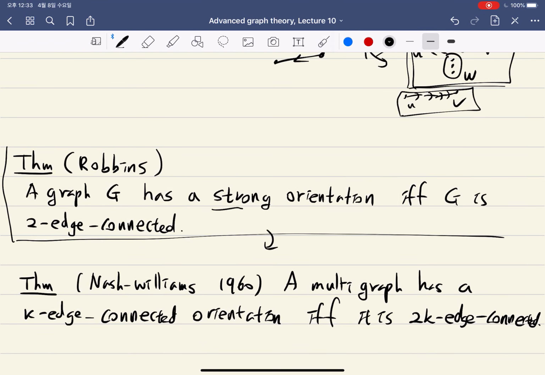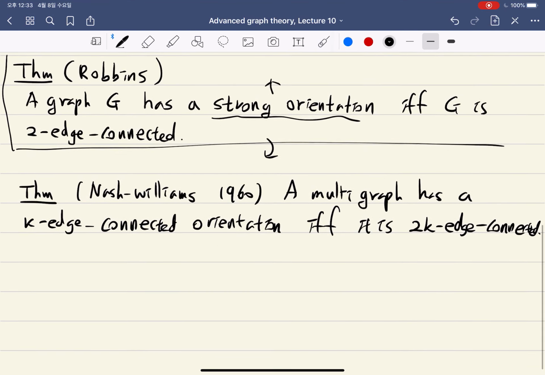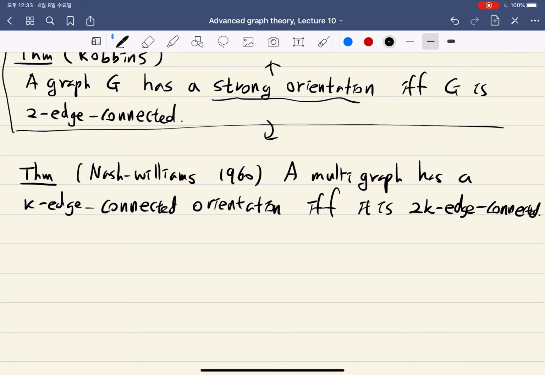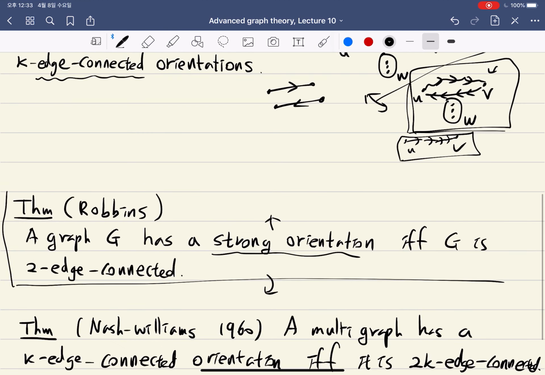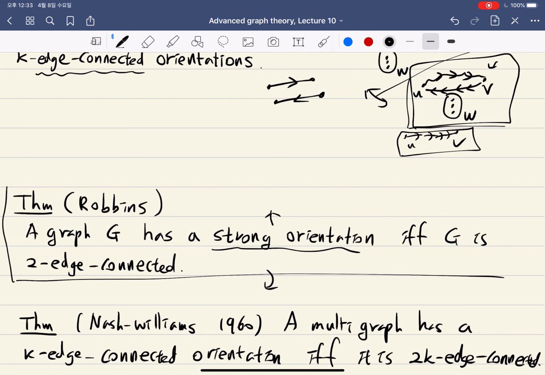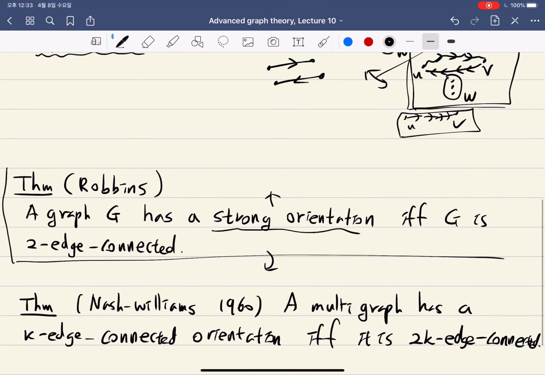So here, strongly connected is the same as strongly edge connected. So this is actually edge connectivity 1. The theorem says that once you orient the edges, you might lose the connectivity by a factor of 2. So 2k-edge connectivity becomes k-edge connectivity, but you can make sure that you don't lose much more.